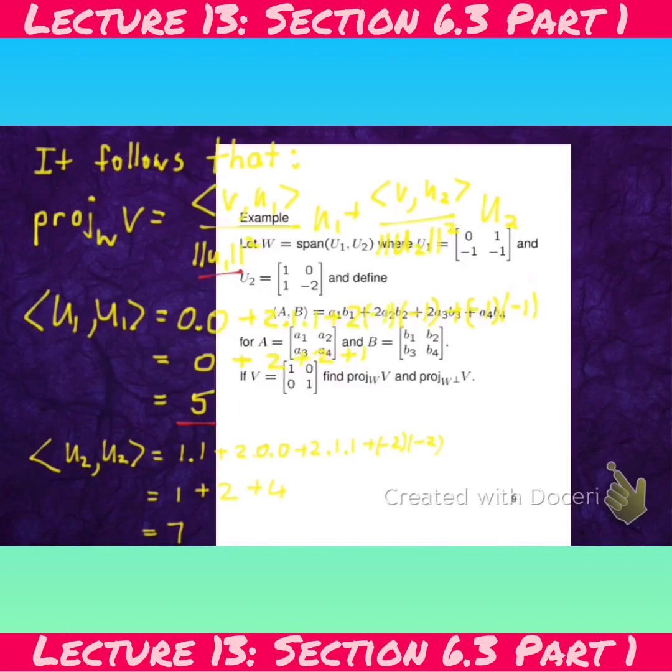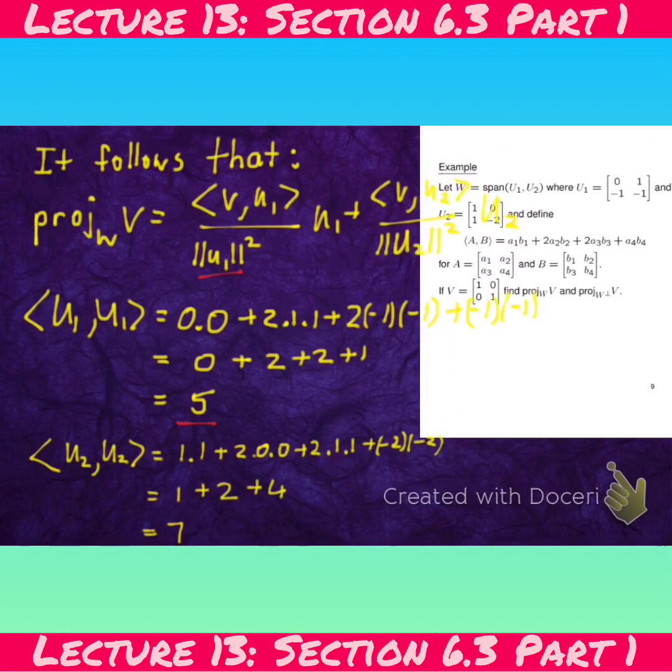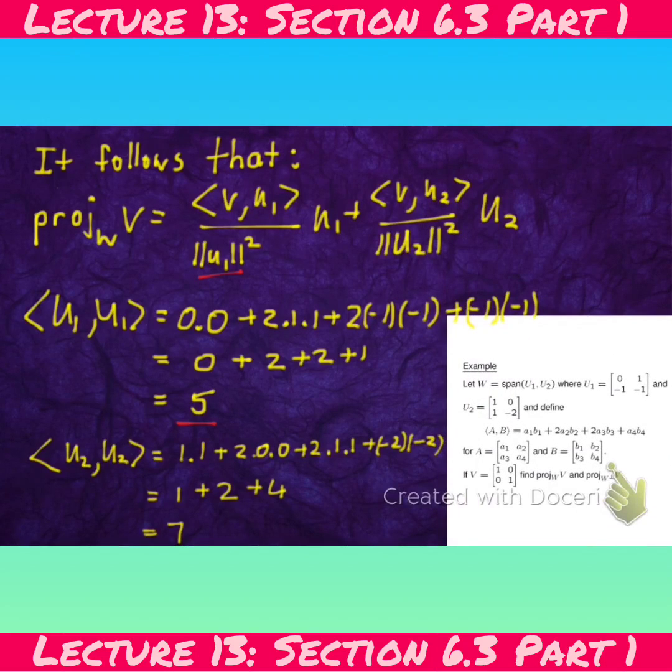We look at the rule that we've been assigned: we take u2 and multiply the first term with the first term, plus twice that term multiplied by that term, plus twice that term multiplied by that term, plus that term multiplied by that term, and that is going to give you an answer of 7.